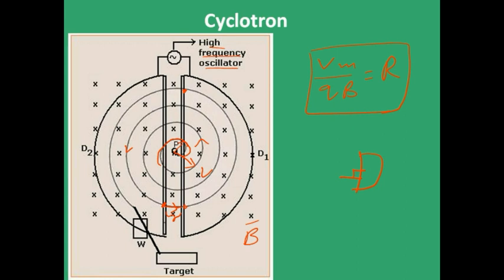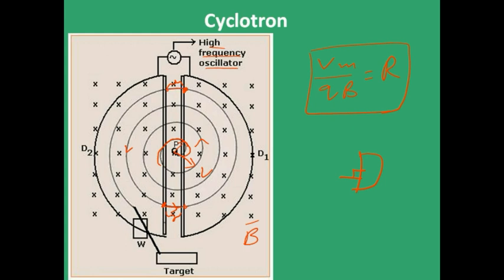As the particle travels through this distance, it is not affected by any electric field. And by the time it reaches this point, the high frequency oscillator changes the polarity. Now it ensures that D1 is at higher polarity than D2. So the particle again gets accelerated while it travels from this point to this point through this distance.